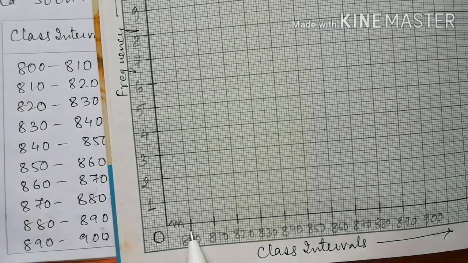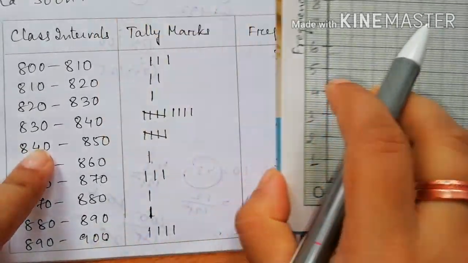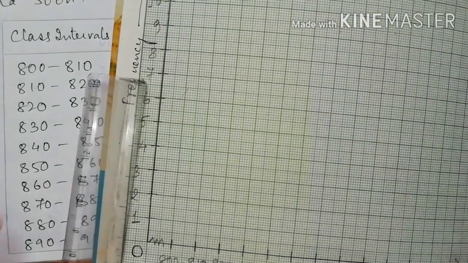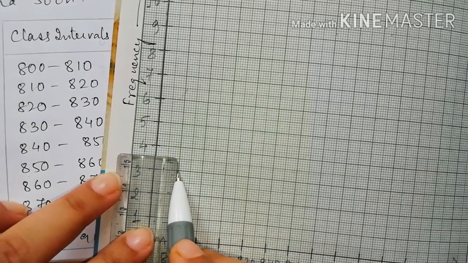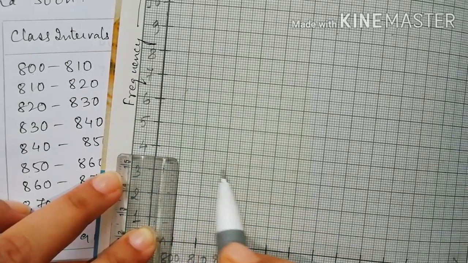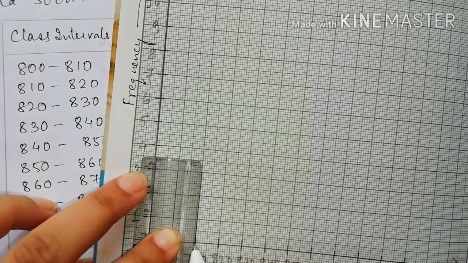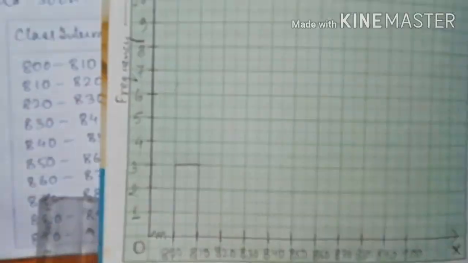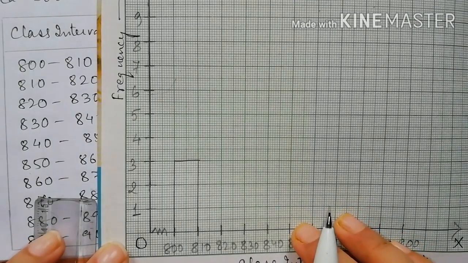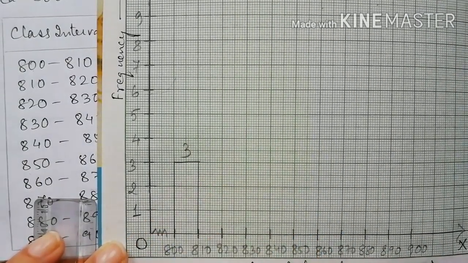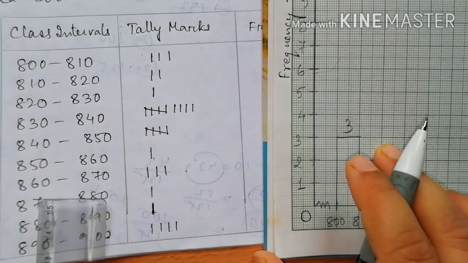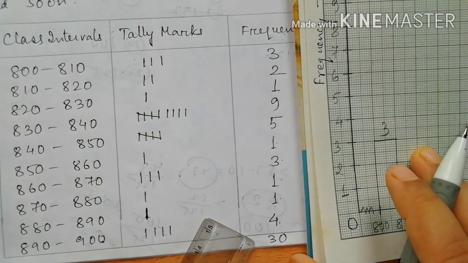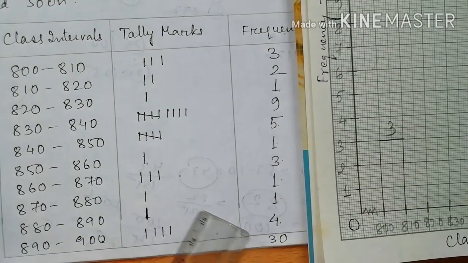From 800 to 810 the frequency is 3, so the bar goes up to 3. From 810 to 820 it is 2.